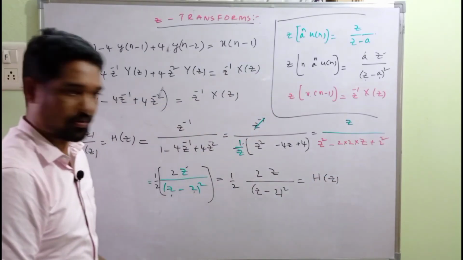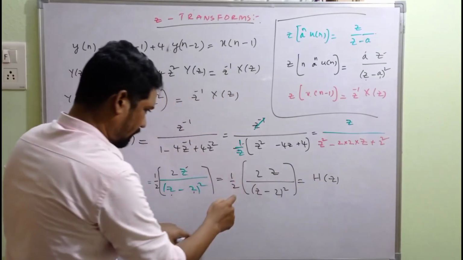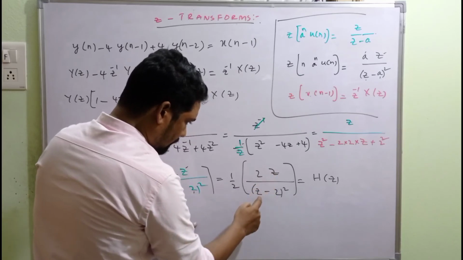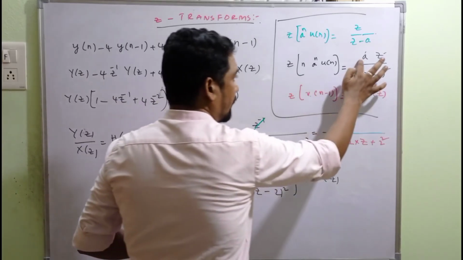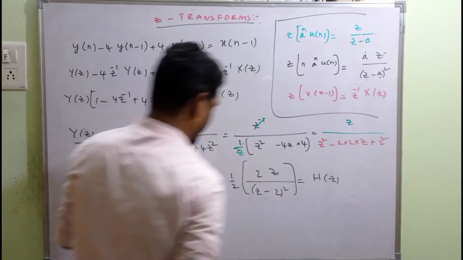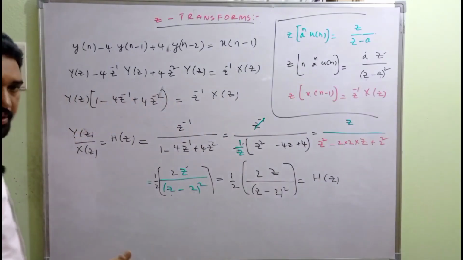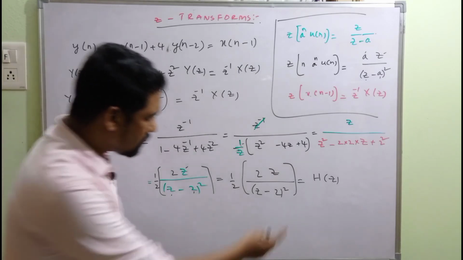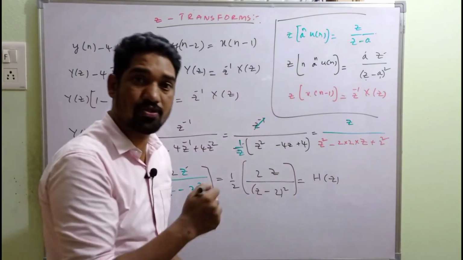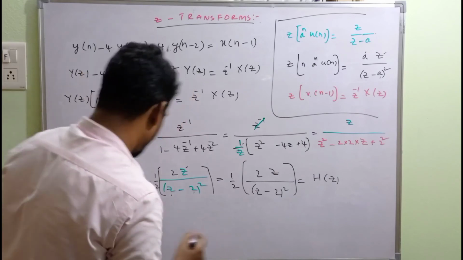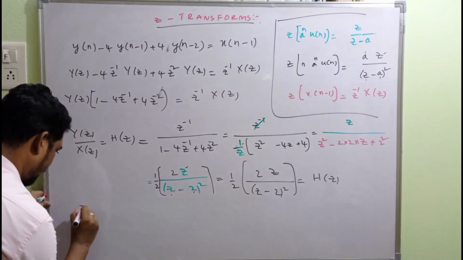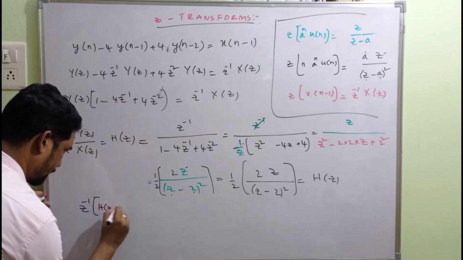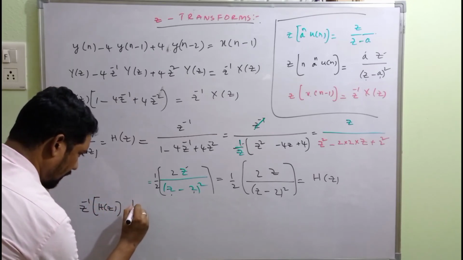The system function: half is outside, a z by z minus a whole square, right? So H of z, and we are in search of the impulse response, which means the inverse z transform of H of z will give us h of n, which is the impulse response.